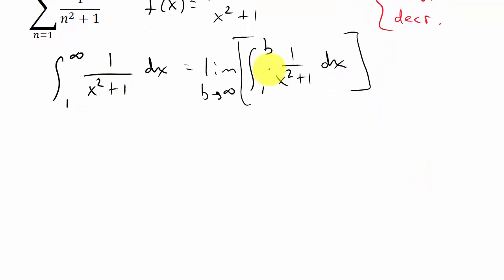I'm assuming you still remember how to do this. Do you recognize this? You can look back in your calculus book. The antiderivative of this would be arc tangent x, and we're going from 1 to b.